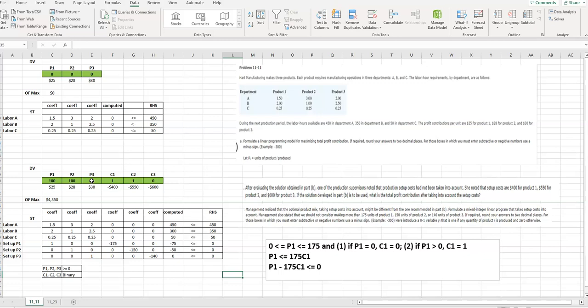And so since P3 is not being made, notice that the coefficient of minus 600 is 0. So this cost is not being considered as well. So very quickly, 25 times 100 is 2,500. 28 times 100 is 2,800. So that's 5,300. 5,300 minus 950 is how we're getting the 4,350.